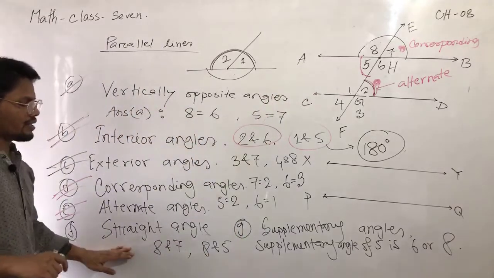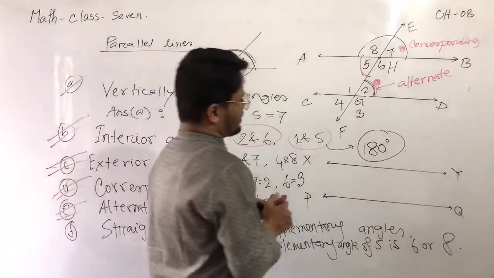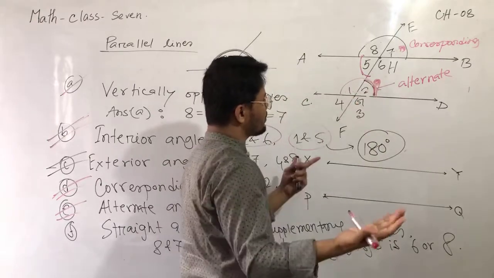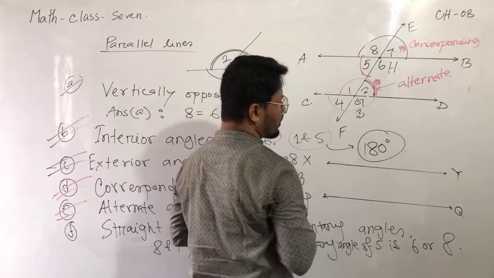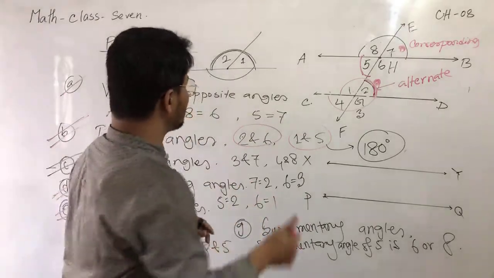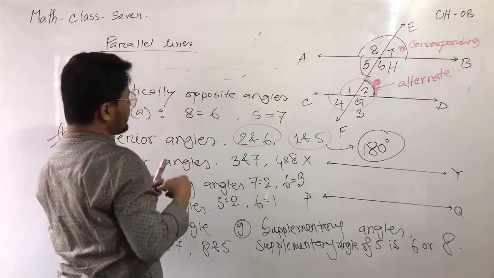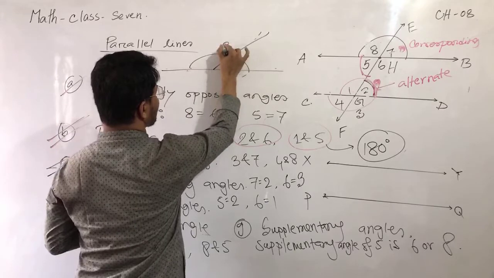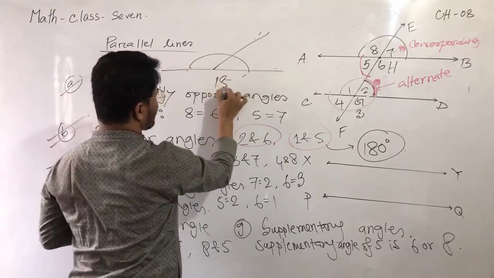Alternate angle, straight angles. Already you know, it's very important and a very easy question. Just identify which two angles together make a straight line: number 1 and 2. So it's a straight angle. This is also a straight angle. 4 and 3 make a straight angle, together like 1 and 2. In a straight line, if we separate it into two angles, together they are 180 degrees.